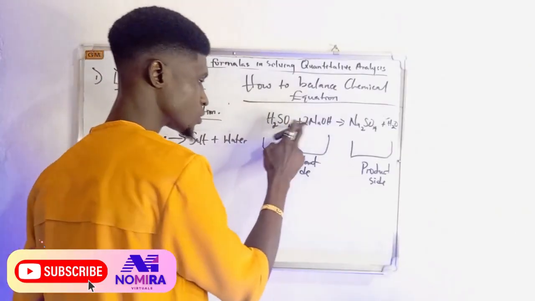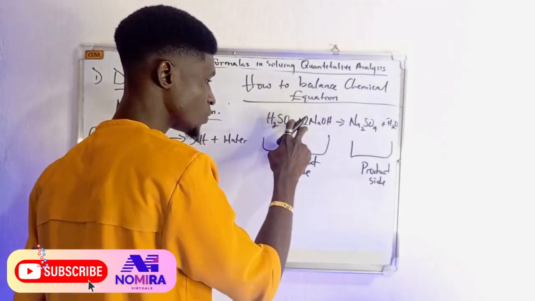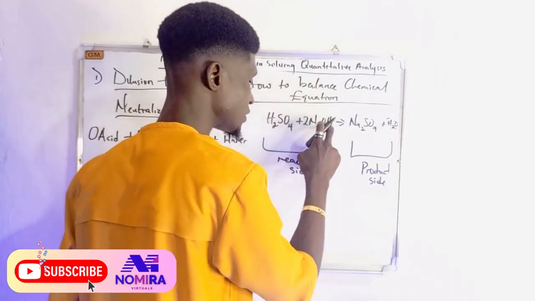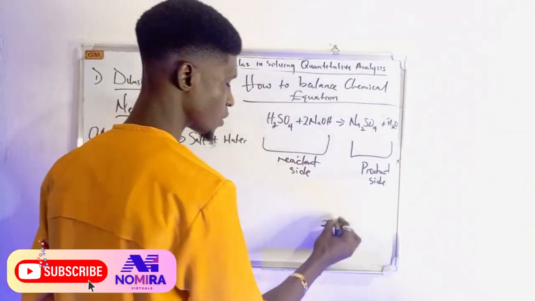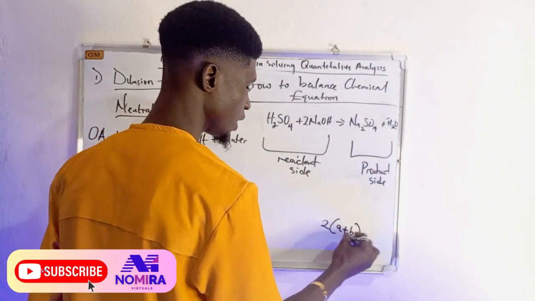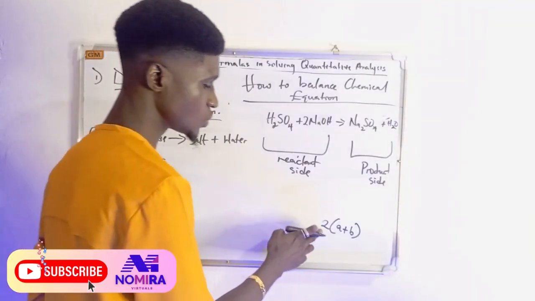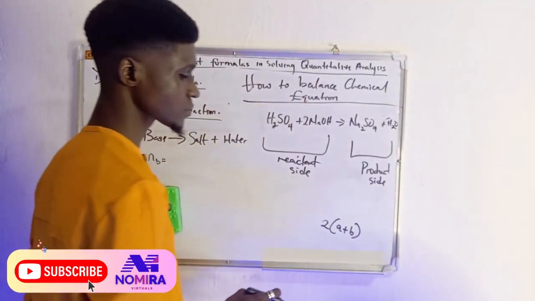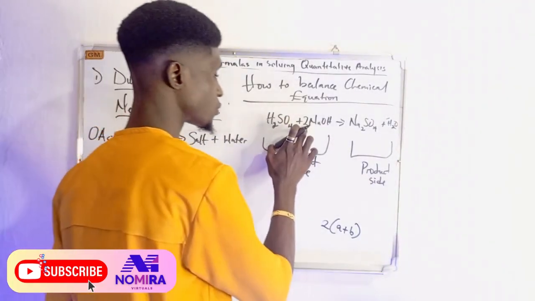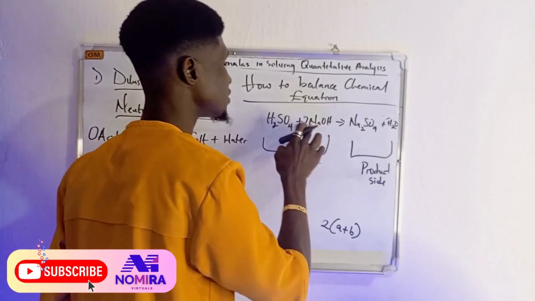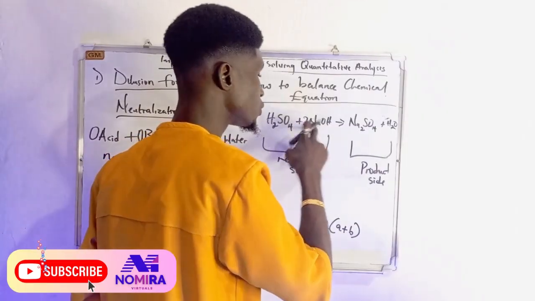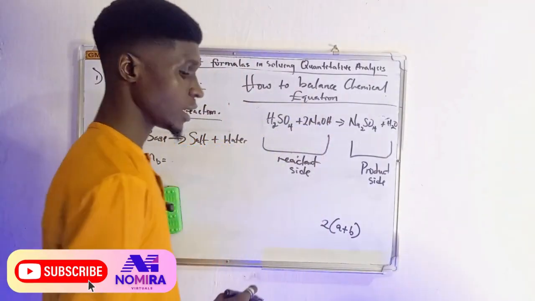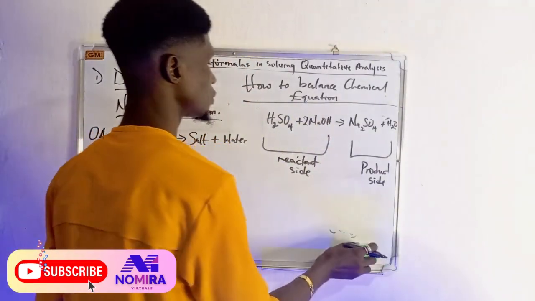We are using this to multiply because it looks like factorization in mathematics, where this 2 is affecting both A and B. So whatever number is in front of this compound is affecting everything, including sodium, oxygen, and hydrogen.